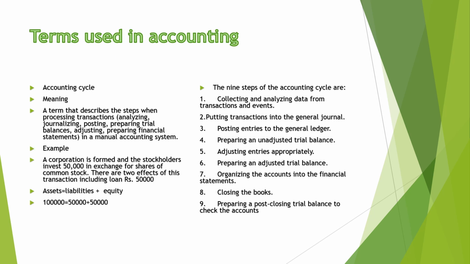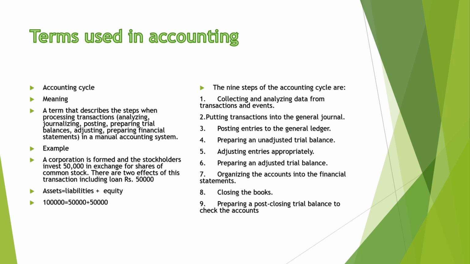Another one is what is accounting cycle. It is a term that describes the steps when processing transactions like analyzing, journalizing, posting, preparing trial balance, adjusting, preparing financial statements, manually accounting. These all are the steps, and they go round and round, time and again.